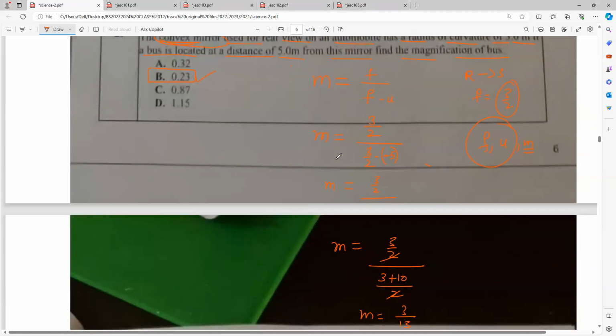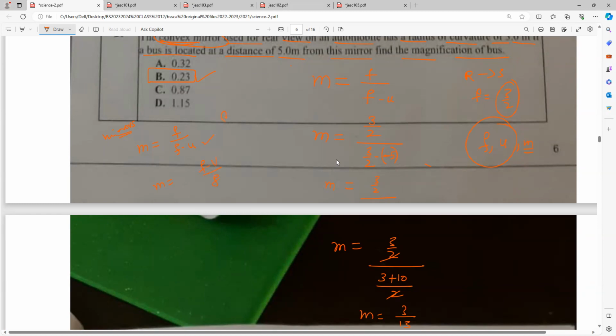Please respond, guys. Learn the shortcut formulas now. For mirrors, if they are asking magnification, m is f divided by f minus u. If v is given, m is f minus v divided by f.